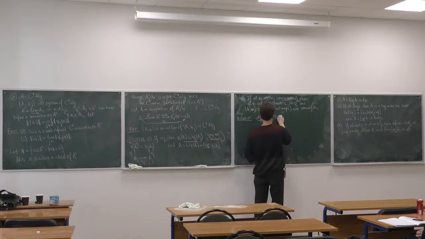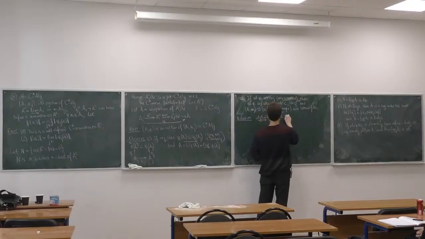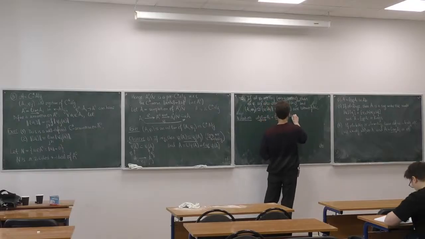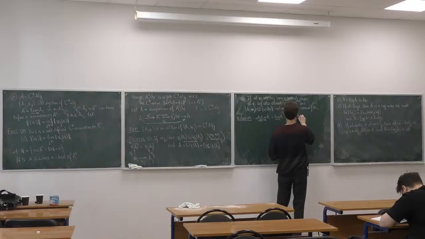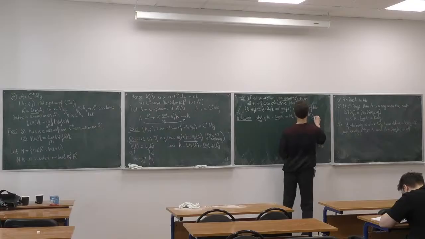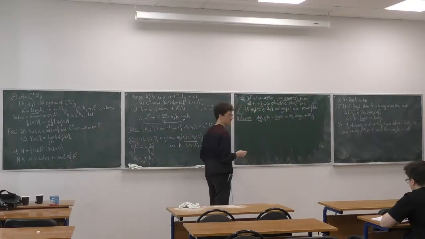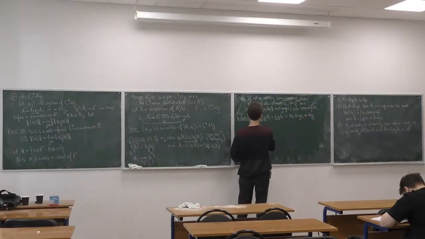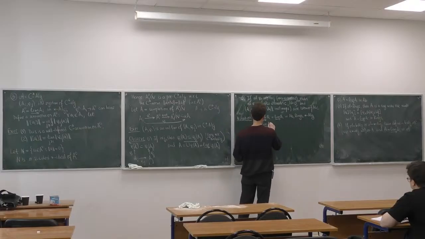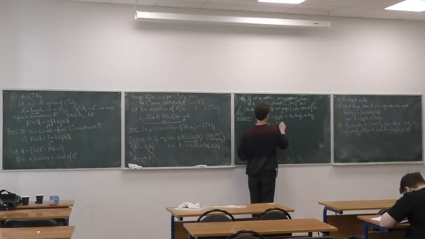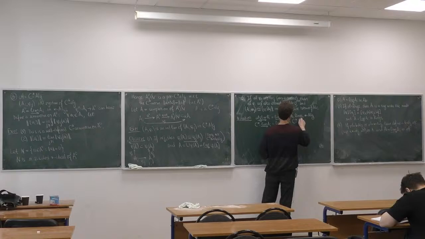This is the inductive limit in the category of abelian groups, or in the category of rings, or in the category of star algebras. And the inductive limit in the category of C-star algebras will sometimes be denoted like this. This is the inductive limit in the category of C-star algebras.